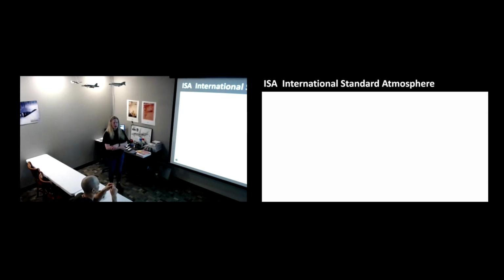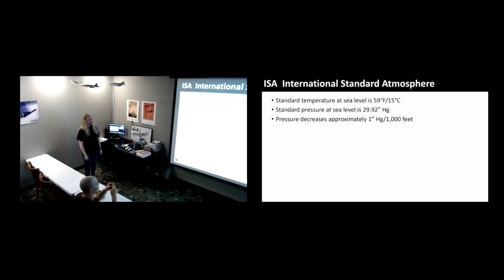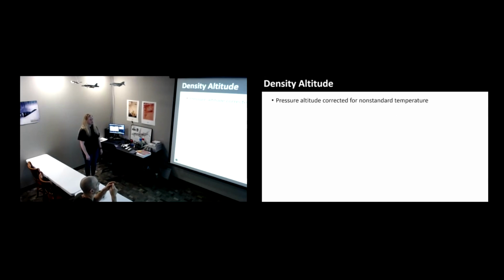How about Celsius for our standard temperature? 15. What's the Celsius lapse rate? -2 per 1,000. Yes, correct. 3.5 if you're doing Fahrenheit, but I like Celsius.